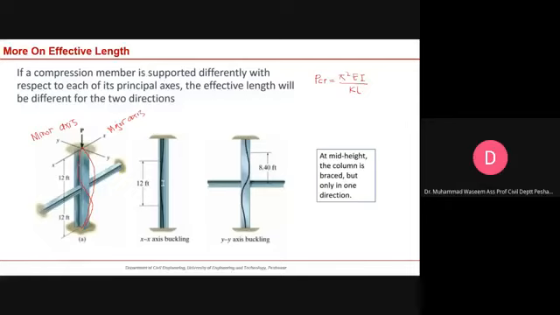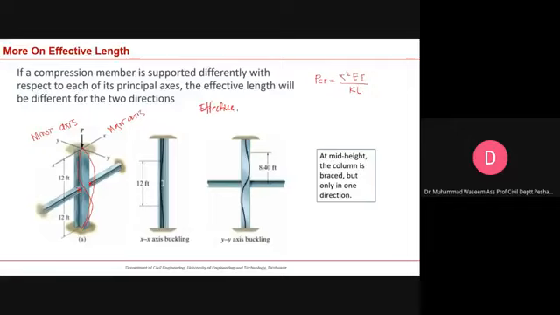This member is being braced at the middle. Along the x-axis, or about the x-axis deflection, we do not have any bracing provided to this member. So in this case you will have a different effective length.